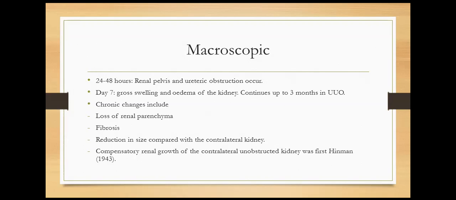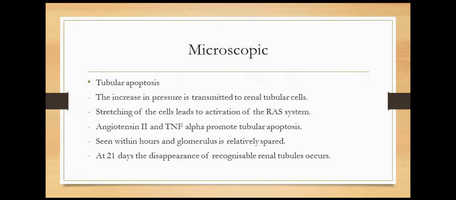We now know it is more of a hypertrophic compensatory change rather than a hyperplastic one, in that those tubules grow in size, but it is not a hyperplasia. There's no increase in the number of nephrons. You still remain with the same number of nephrons, but they are bigger, they are longer, and they are much more functional.